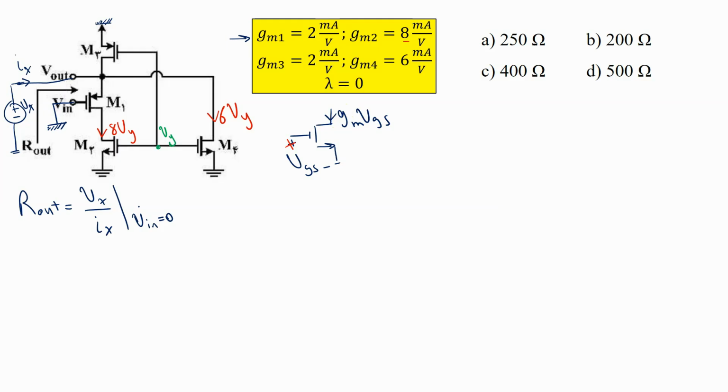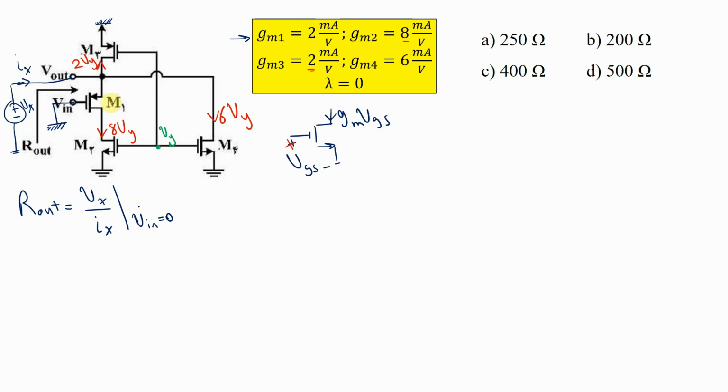It's just the same principle for both transistors. So be careful about this. Most of the time students confuse these two. So Vy is at the gate and the source is grounded, so again gm3 times Vy is in this direction. gm3 is 2, so 2 Vy for this transistor.